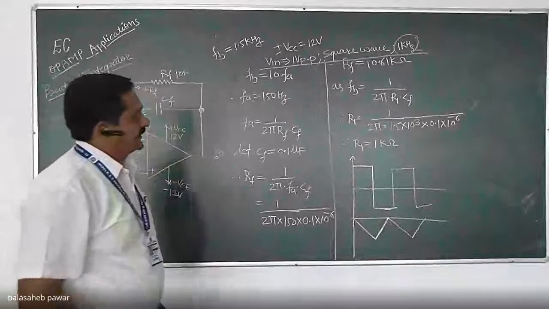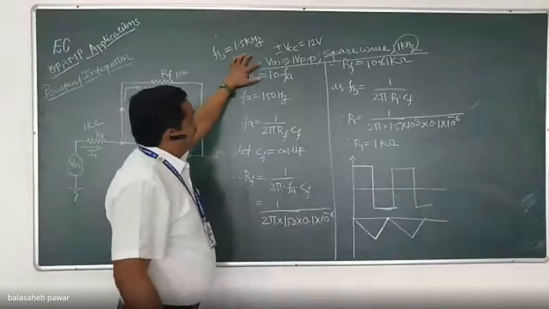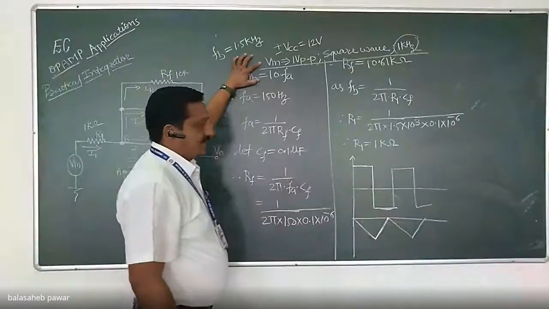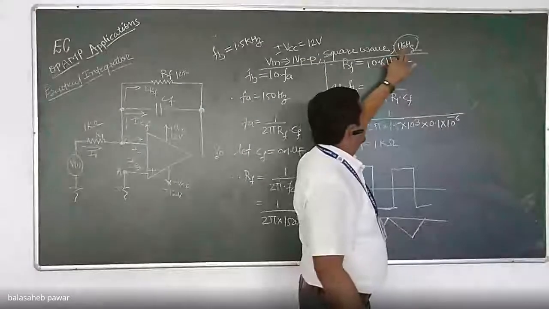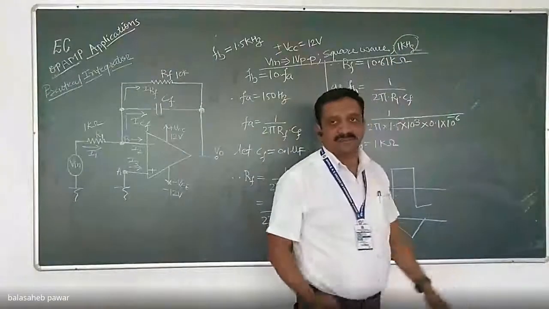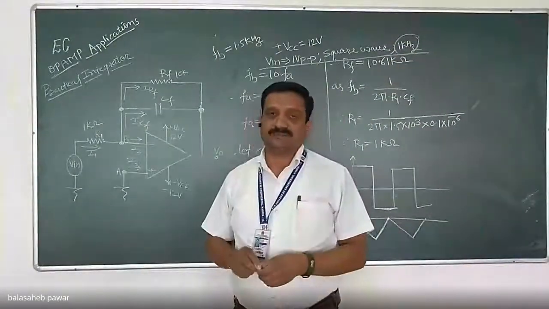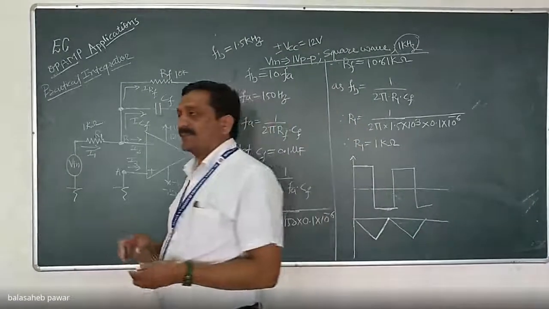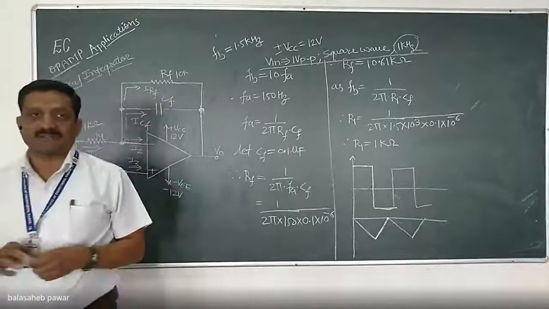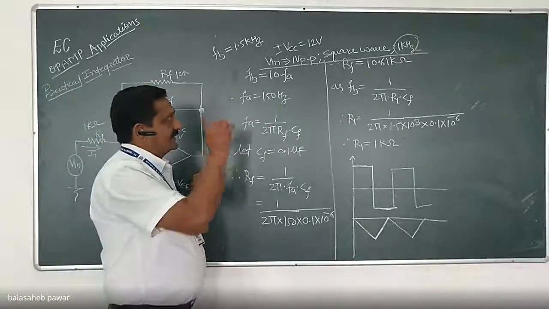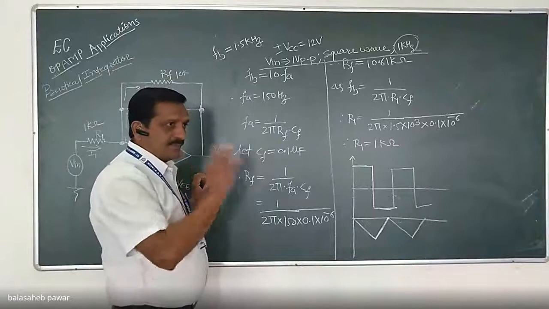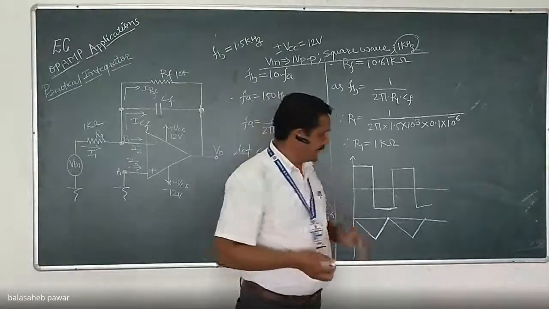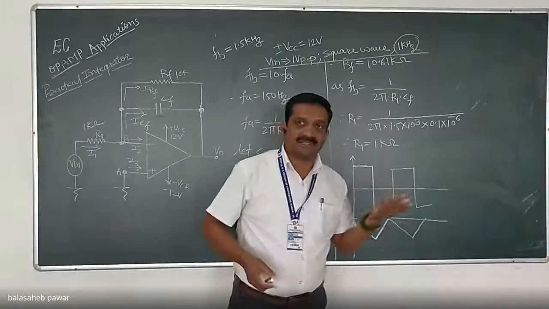Right. Now, if I keep the input signal amplitude as it is, 1 volt peak to peak square wave, but change the input signal frequency from 1 kilohertz to 50 hertz only. Got it? If I change the input frequency to this integrator circuit from 1 kilohertz to just 50 hertz, what will be its output? Will it be a triangular wave or will it remain a square wave? What do you think?